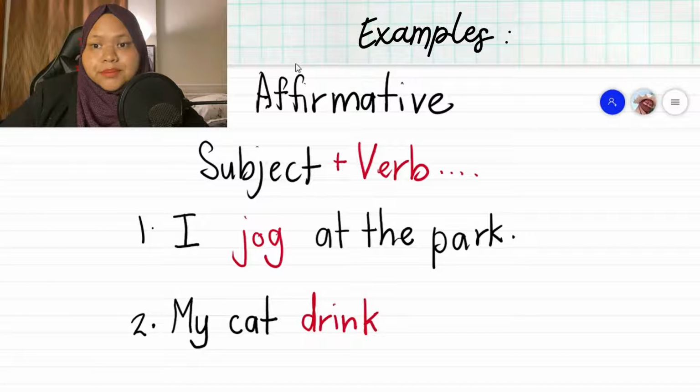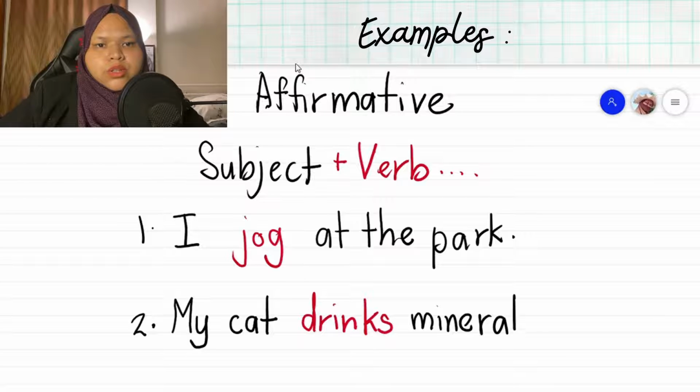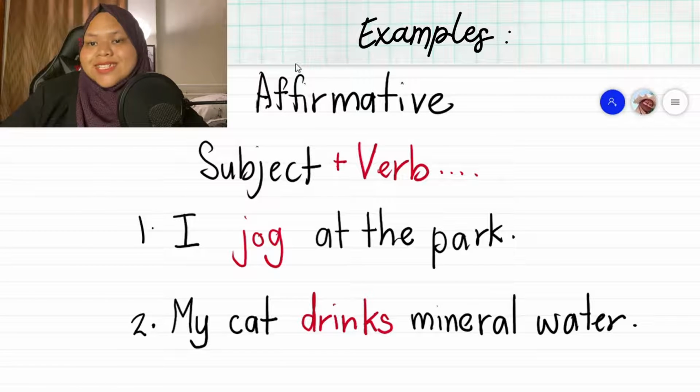Okay, ayat ni ayat yang benar, mengesahkan. My cat drinks, ada S sebab cat lemah, verb dia mesti kuat. Mineral water, kucing saya minum air mineral. Okay, this is a complete sentence. My cat drinks mineral water.